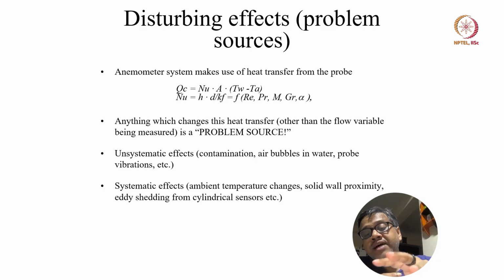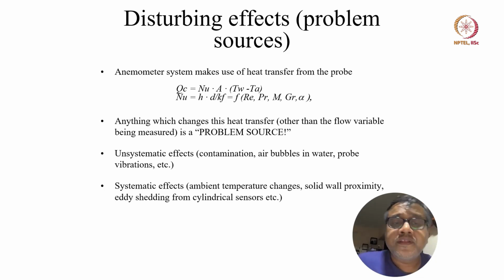It can momentarily come and disturb the velocity, and this may be fast enough that the anemometer will not be able to capture it. So there is a multitude of disturbing influences in these kinds of anemometers: ambient temperature changes, solid wall proximity, eddy shedding, bubbles, contamination. Lots of things can be problem sources, because you want the heat transfer to be determined only by the flow variable and nothing else.